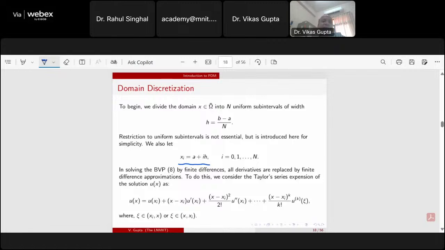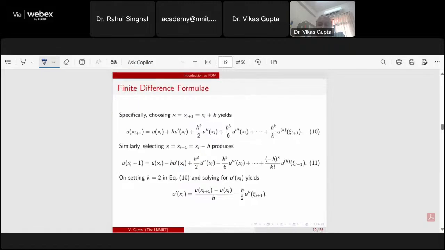If the solution u(x) is sufficiently smooth, for example, if we assume that the solution u is k times continuously differentiable, then you may have this kind of Taylor series expansion: u(x) equal to u(xi) plus (x minus xi) u prime (xi) plus the square of (x minus xi) upon 2 factorial u double prime (xi) and so on, up to (x minus xi) to the power k upon k factorial times the kth derivative of u at some point zeta, where zeta lies between xi and x, and this term is known as the remainder term of the Taylor series expansion.